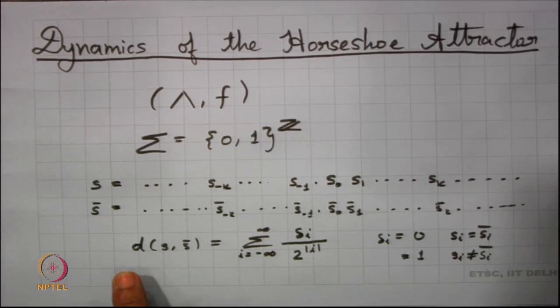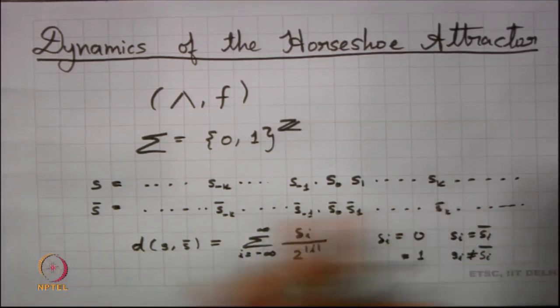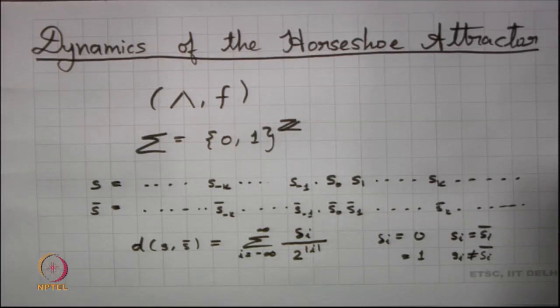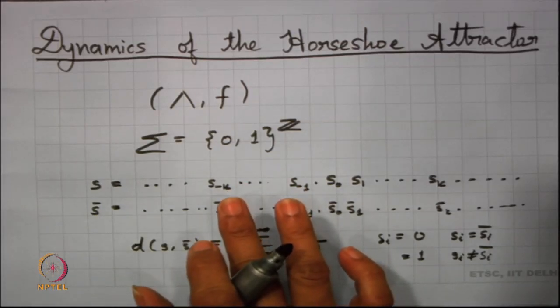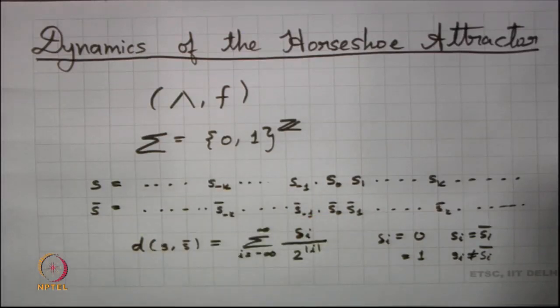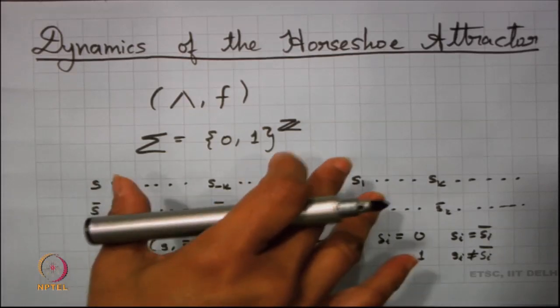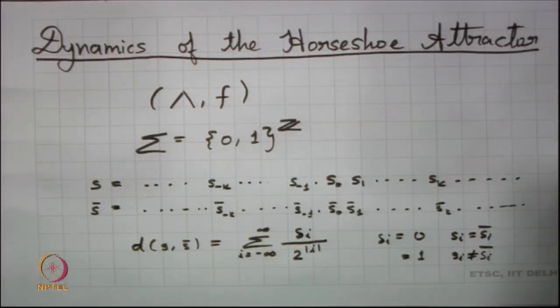This d clearly defines a metric on sigma, and the topology that d gives is the same as the product topology we are considering. So sigma is a metric space, and again a compact metric space, since we know that 0 1 is compact.